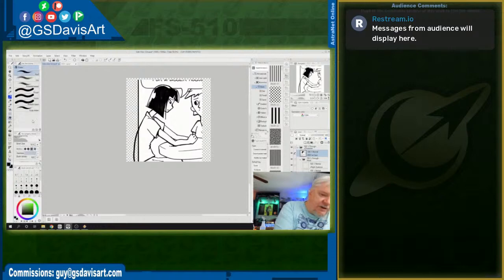But the big thing we're going to do today is remove things like this line right here on both sides. We're going to remove the table. And we'll go back through here and fill this with white in a minute.